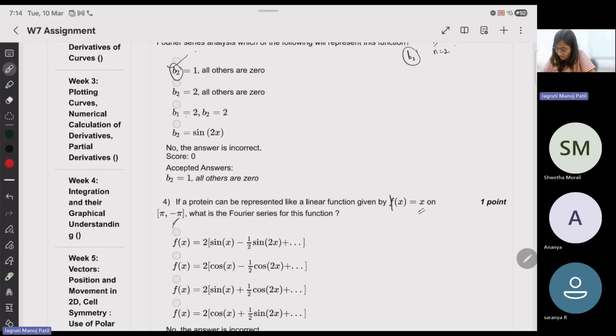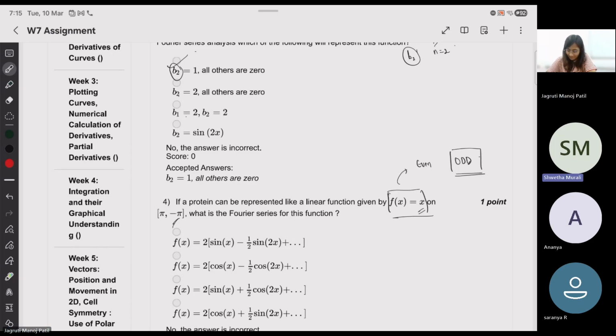If a simple function is given to you like that, look if the function is even or odd first. Now we know in this case, f of x is x, and x is an odd function, right? Now for odd, the even part would be 0, so what you end up with is only the bn and sine part. So it will be the first option, because there's only sine.